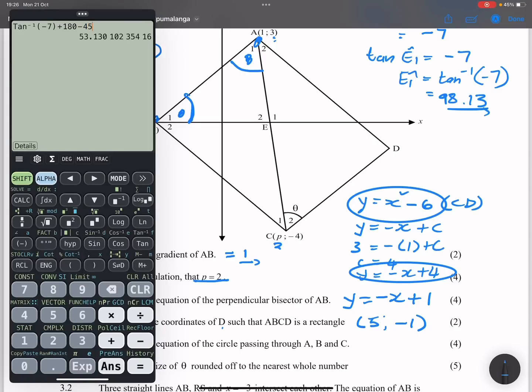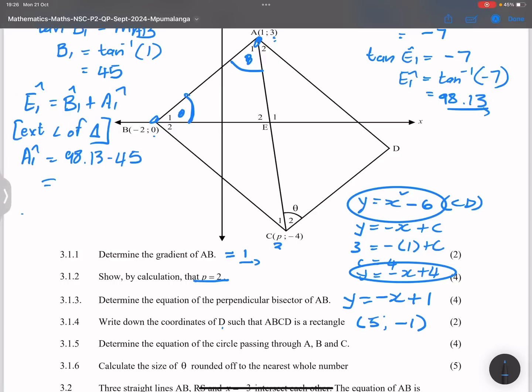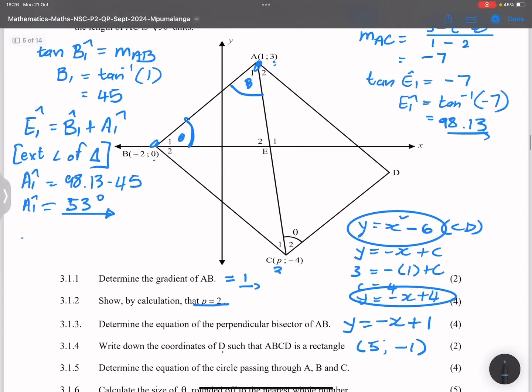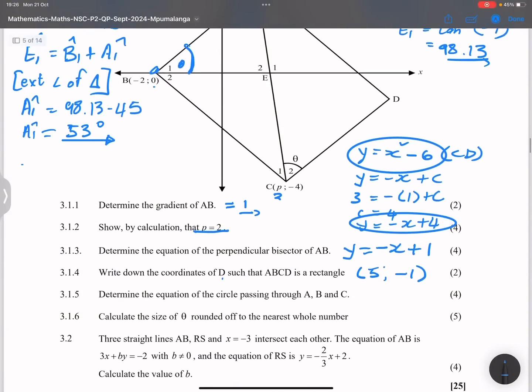Okay, that gives us 53. So the angle there to the nearest whole number is simply 53 degrees. Right, I hope that you got it. Okay, so using exterior angles on a triangle. Right, now to the next question.